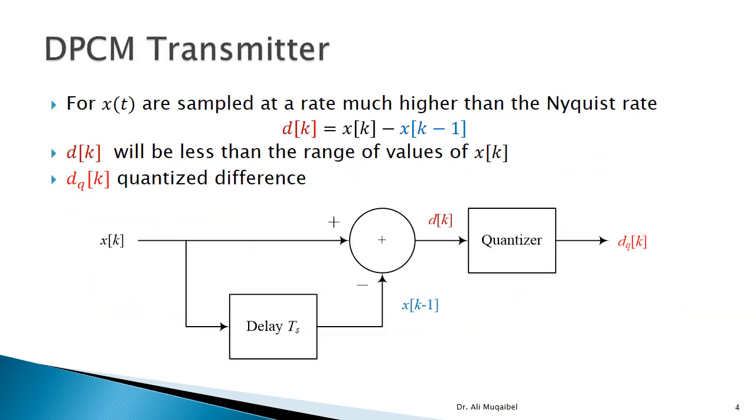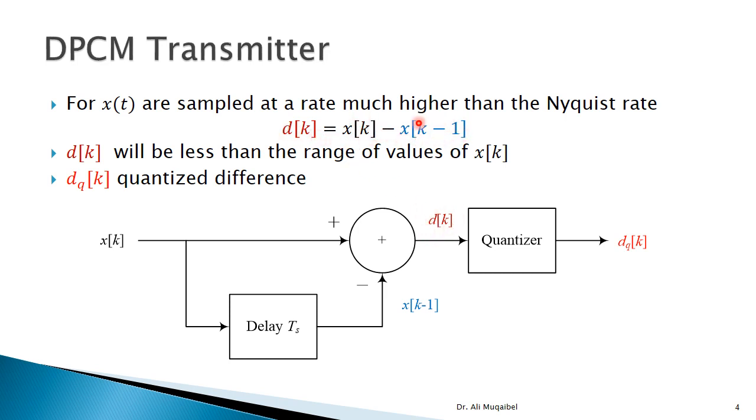The DPCM transmitter. Now that we talk about DPCM, let's see how we build the transmitter and how we build the receiver. We agreed that we're going to send the difference between the current sample and the previous sample. So we need a delay by one sample unit, delay of TS, where TS is the sampling interval. Now here we get the current sample minus the previous sample, and we get the difference at the output.